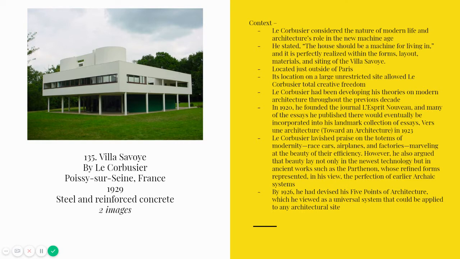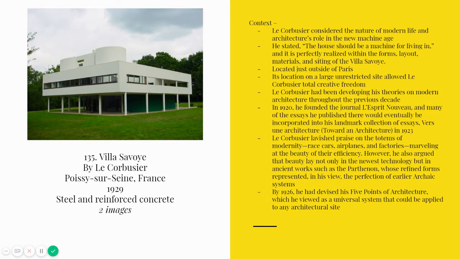So a lot of this information is really about Corbusier, and how he was this leader and proponent of modern architecture, publishing essays on it. He was really focused on this concept of modern times, and it went beyond architecture. I mean, it flourished in the ideas of cars, airplanes, factories.